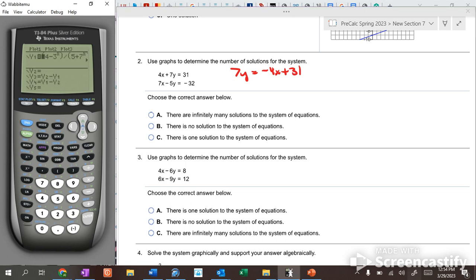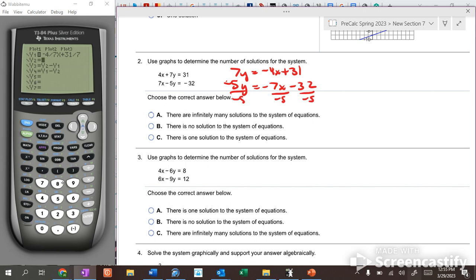So if I go y equals negative 4/7 x plus 31/7, that's my first line. My second line: negative 5y equals negative 7x minus 32, and divide by negative 5.